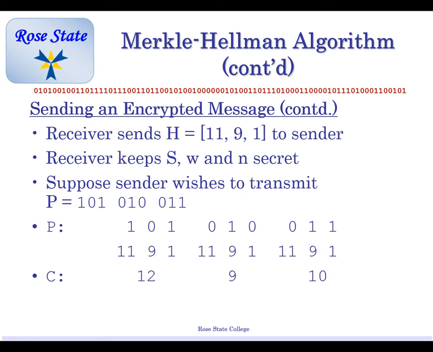Again, use the same hard knapsack. So 11 times 0 plus 9 times 1 plus 1 times 0 gives us 9. If you don't know it, any number times 0 is 0. Any number times 1 is itself. So the third one is 0, 1, 1. So it's 11 times 0, which is 0, plus 9 times 1, which is 9, and 1 times 1, which is 1. 9 plus 1 is 10. So our cipher text is now 12, 9, and 10.